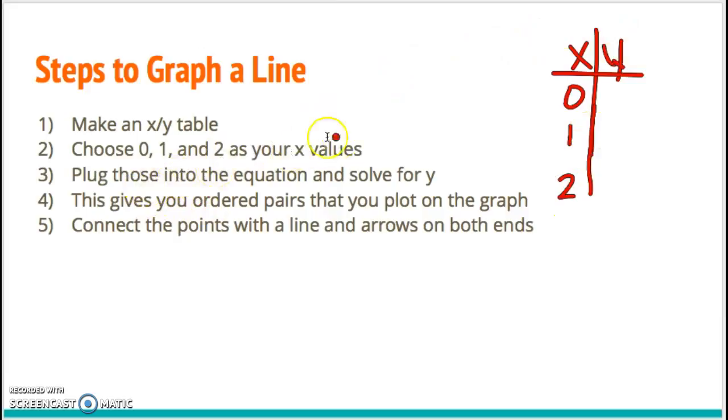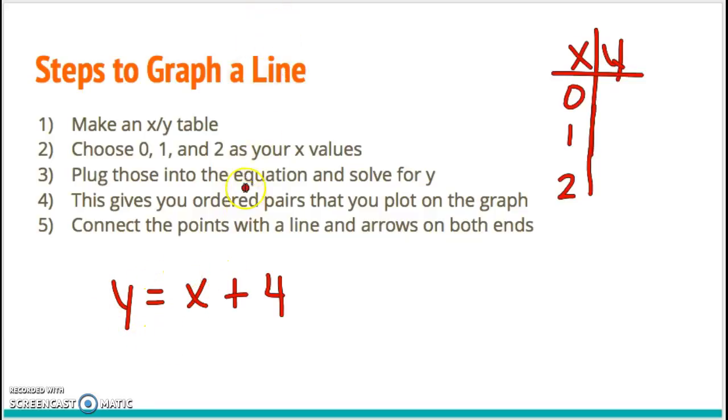Now, we're going to take these three numbers, the 0, 1, and 2, and plug those into the equation that they give you. Then you're going to solve it for y. So for now, your equation will look something like this: y equals x plus 4. Your equation of a line will always have an x and a y.